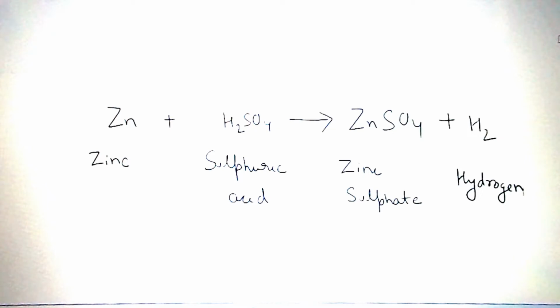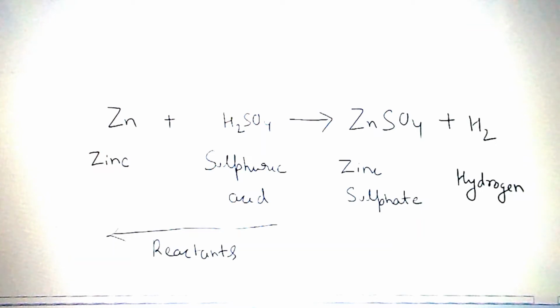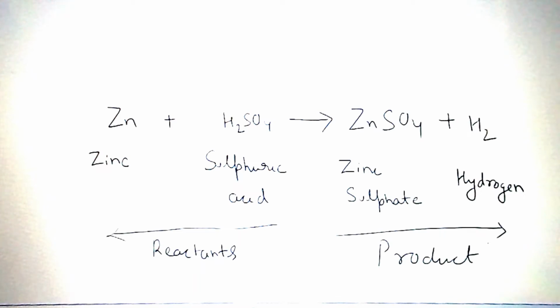So, putting the symbols and formula of all the substances, then we get the following chemical equation. Left hand side are the reactants and right side is the product. While writing the chemical reaction, an arrow sign is given.